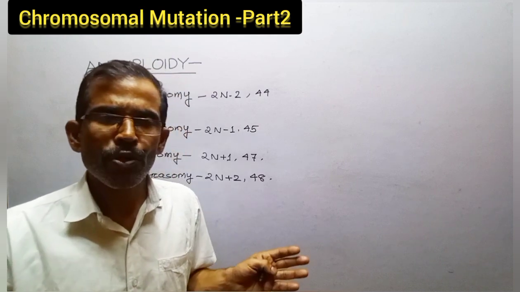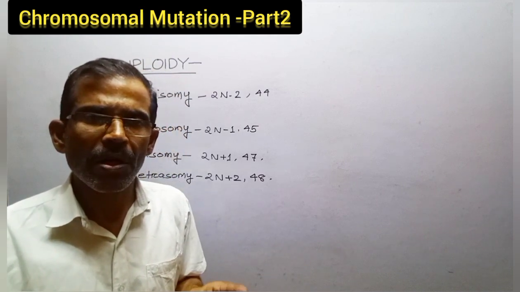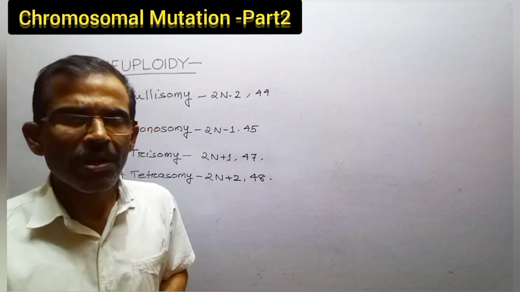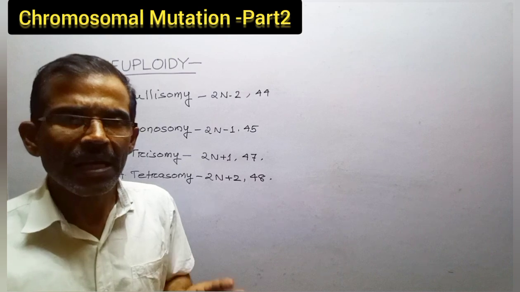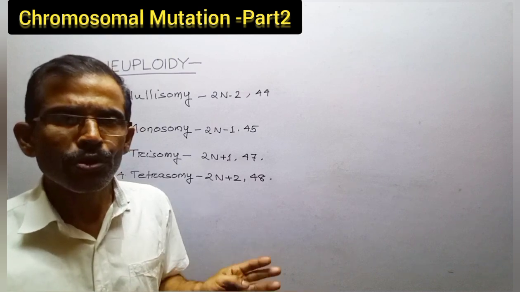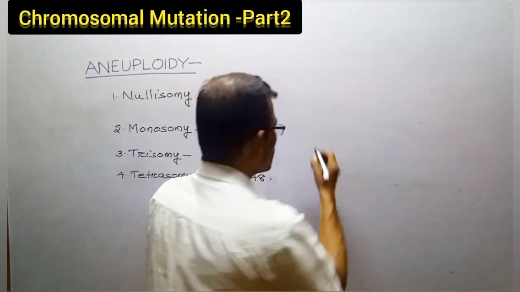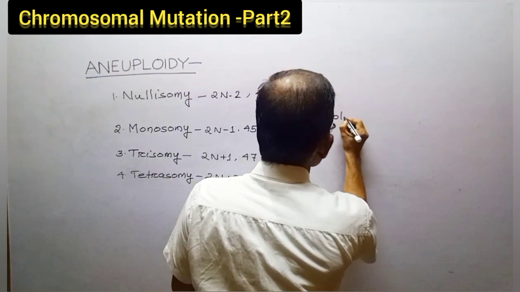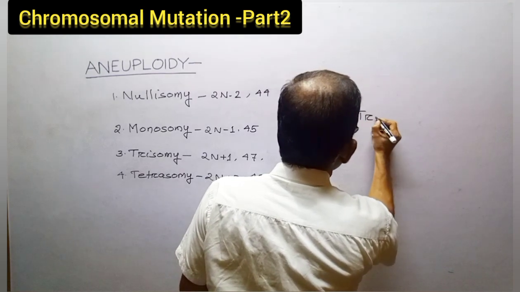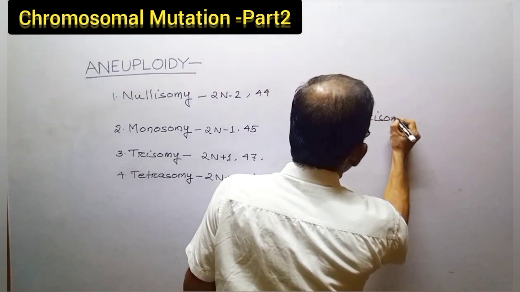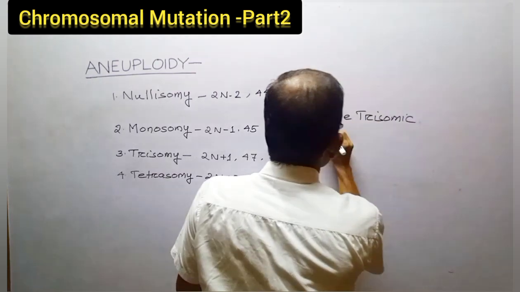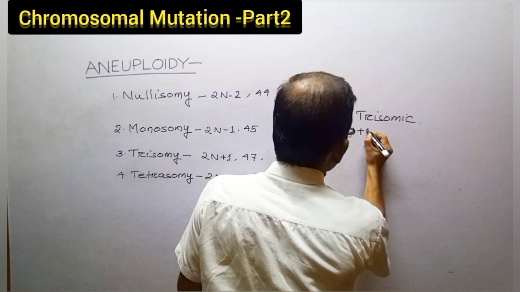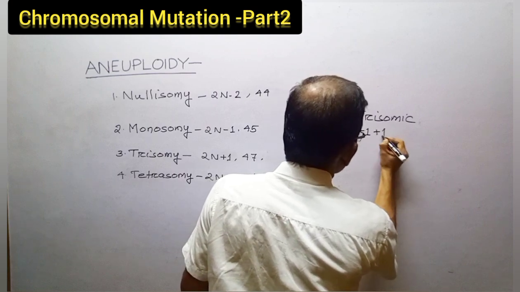In addition, more than one aneuploid condition may occur in the same organism. The individual in which there is an extra copy of two non-homologous chromosomes is known as double trisomic. It is represented by 2n+1+1.